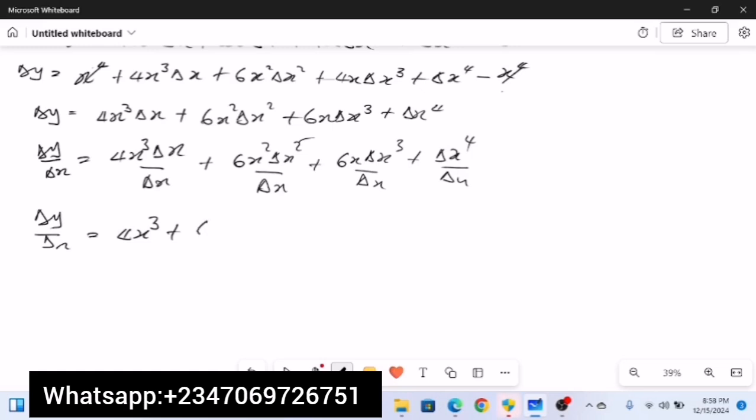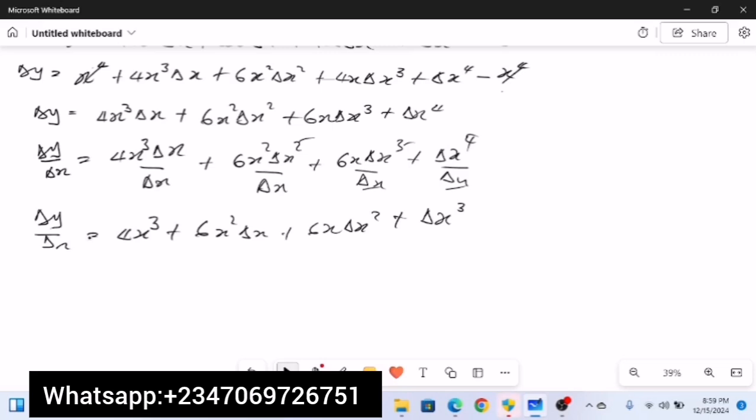This gives us 6x squared change in x, plus similarly change in x here cancels one of the change in x here. We have 6x change in x squared, plus over here one change in x cancels one from here. We are left with change in x to the power of 3.